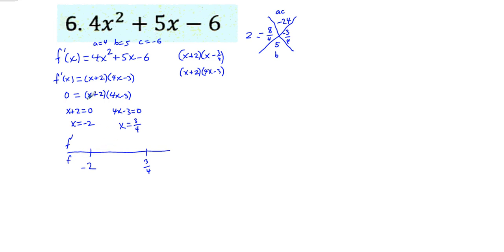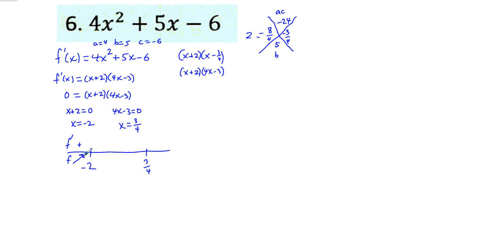And so for a number less than -2, we're going to have a negative times a negative, which is positive. So we are increasing. Now this is not f prime of x is increasing, it's f of x. And we don't have f of x here. We just have the function of f prime of x.